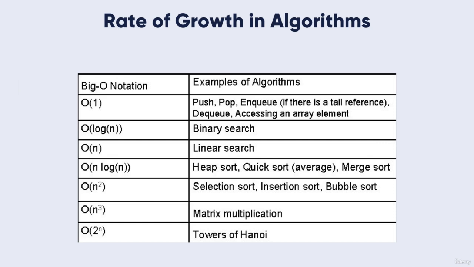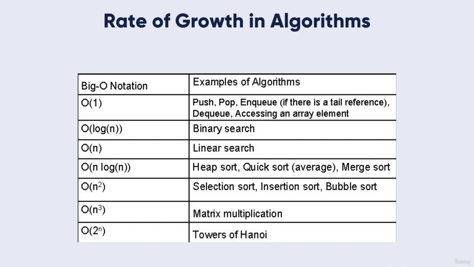Okay? So, we will start from O(1). It is the 1. This is pushing or popping or enqueue or dequeue, accessing an array element. It will cost us 1. Okay?